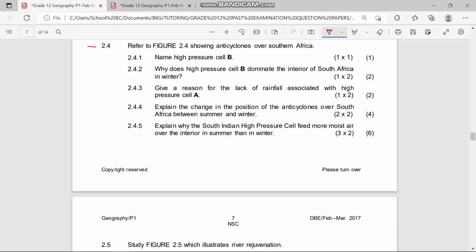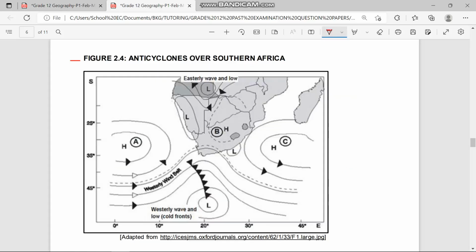Question 2.4.1 says name high pressure cell B. You can see that high pressure cell B is in the continental area, in the land of South Africa, so it's inland. That is a continental high or Kalahari high.